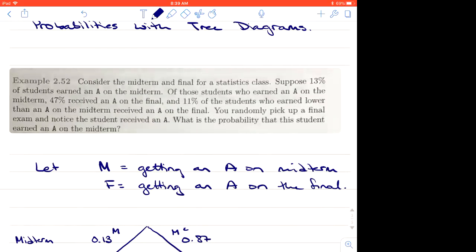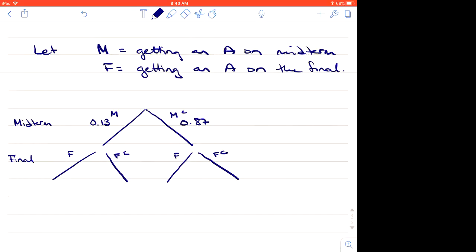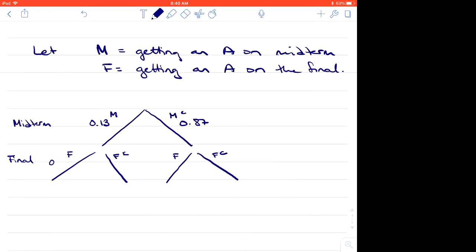Now we're told that of those students who earned an A, so now we know that we're only talking about those who got an A on the midterm, 47% received an A on the final. So we're down this M branch and 47% got an A on the final. So we have 0.47 down here.